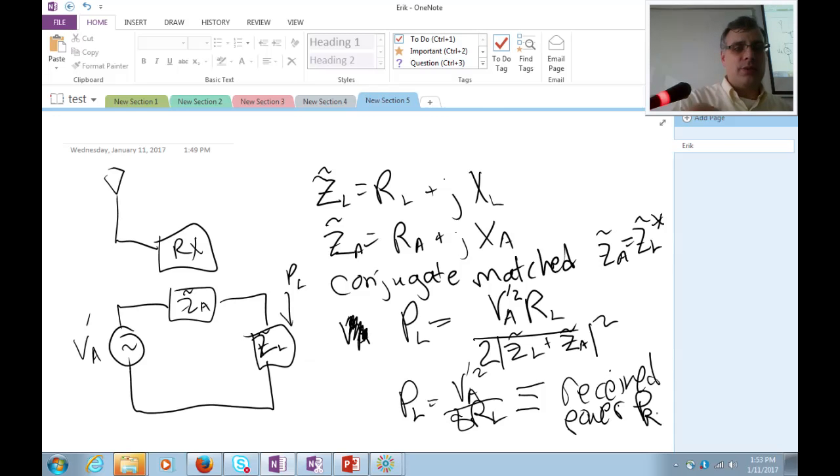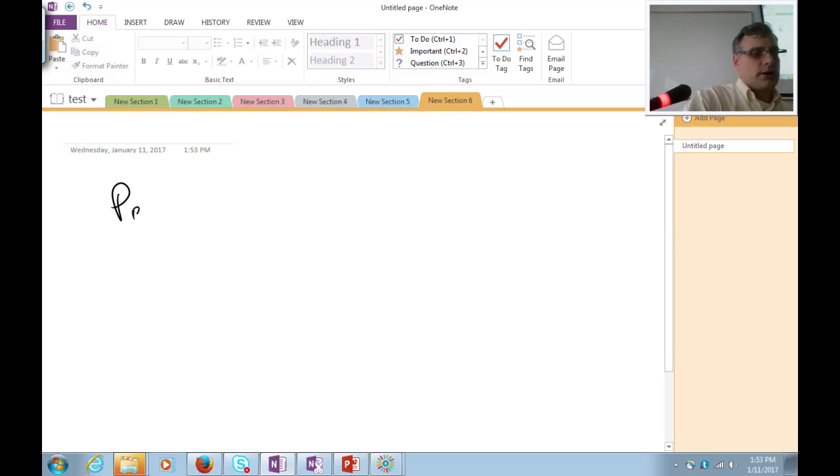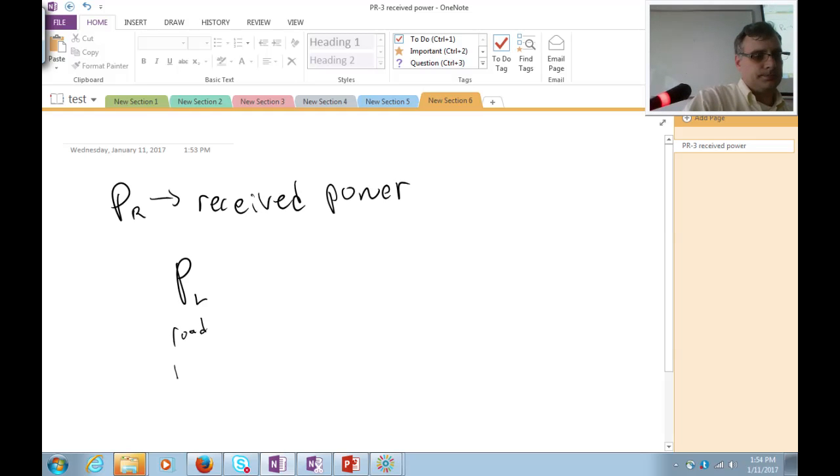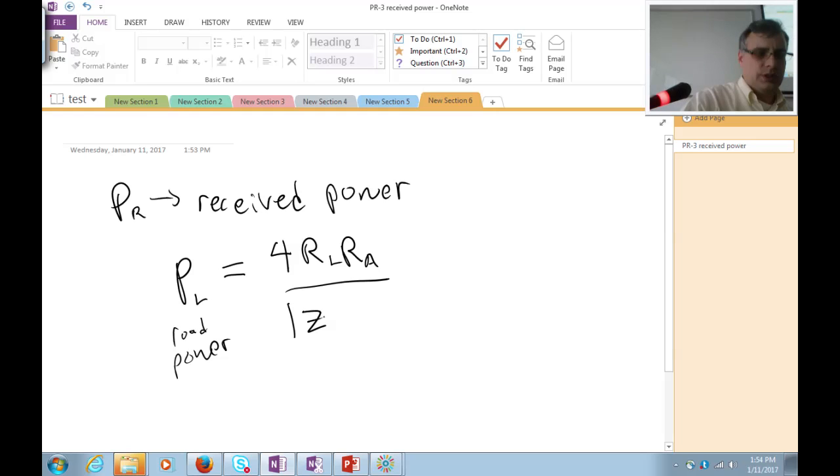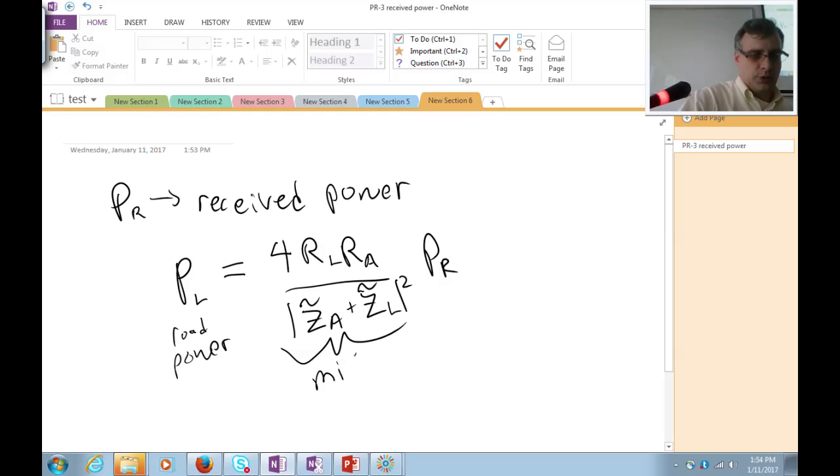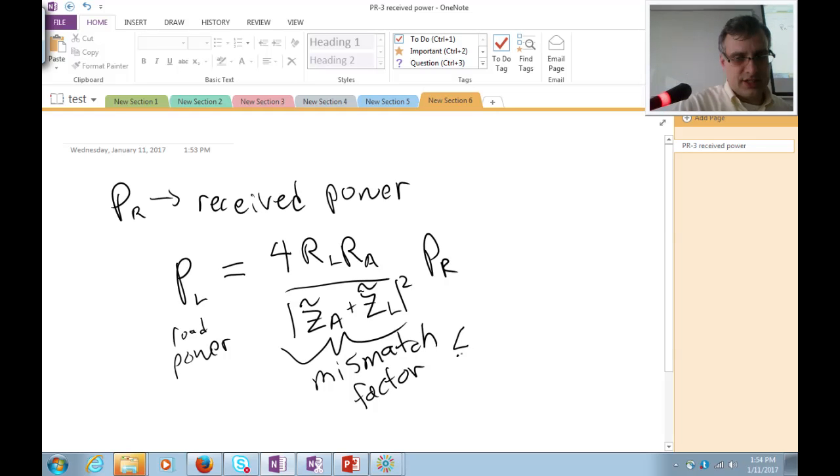So now let's go ahead and do the same thing we did for the previous one. If P sub R is the maximum possible received power, and I have a mismatch, my actual load power is going to be 4 RL RA over the magnitude of ZA plus ZL, squared, times P sub R. Again, this is what I would call a mismatch factor.